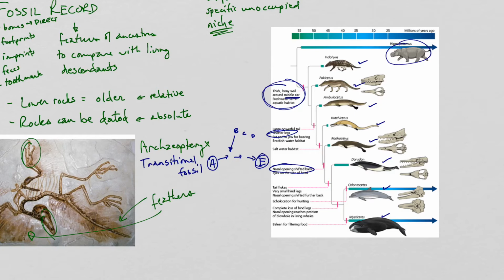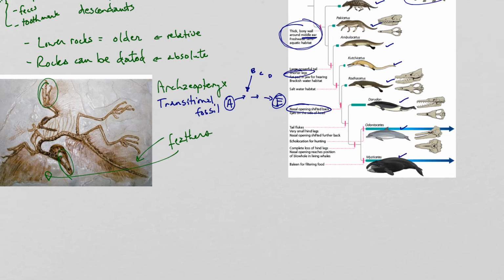How can the nose shift from the front of the nostrils? The nose are the nostrils. Okay. But the nostrils shift from the very front of the face to being on the top of the skull, like a blowhole that we know. And there's another piece of whale evolution that we'll get into a little bit later. But these fossils that show us these transitional forms are really, really cool.